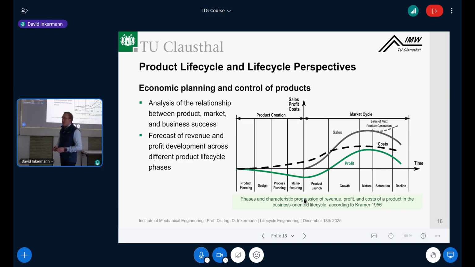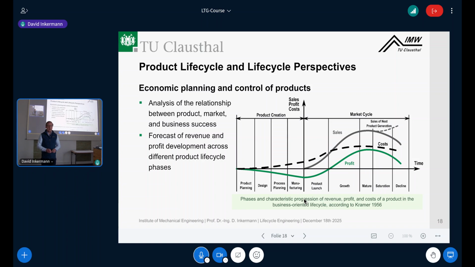And now I would like to discuss the different perspectives on the life cycle, because they are somehow illustrating why it is useful, or why it is needed, that we understand why a product is going out of operation.